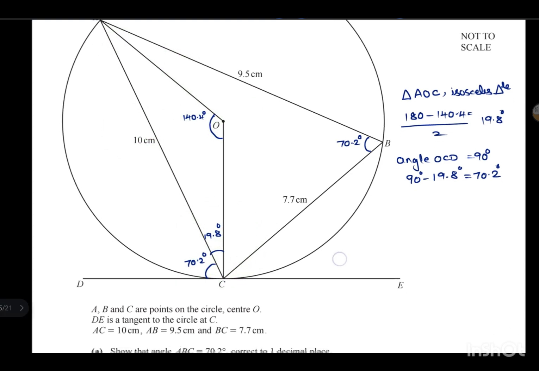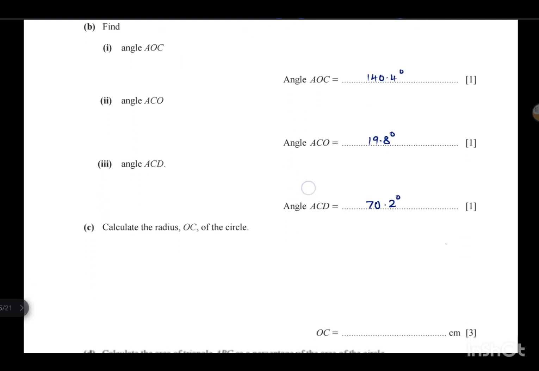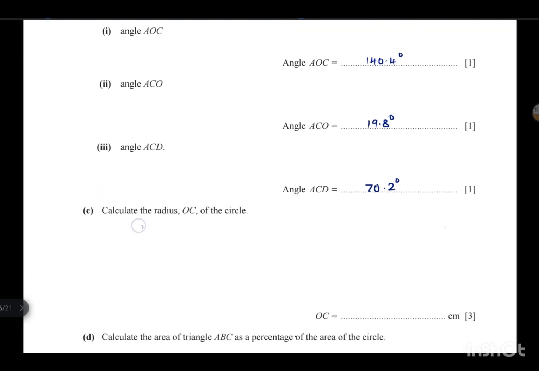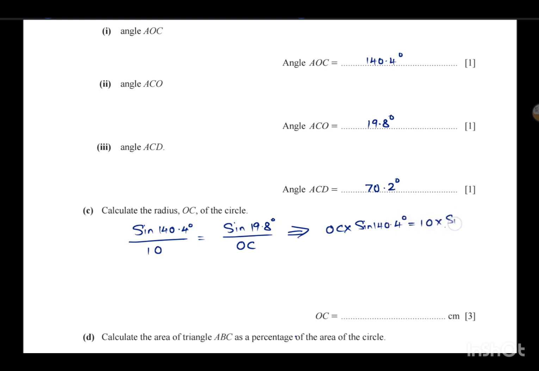So sine 140.4 by 10 will be equal to sine 19.8 by the radius, we can take it as OC. Now cross multiply, OC multiplied by sine 140.4 is equal to 10 multiplied by sine 19.8.